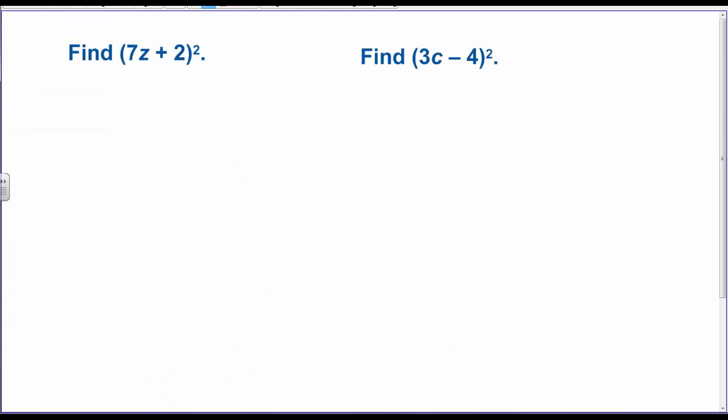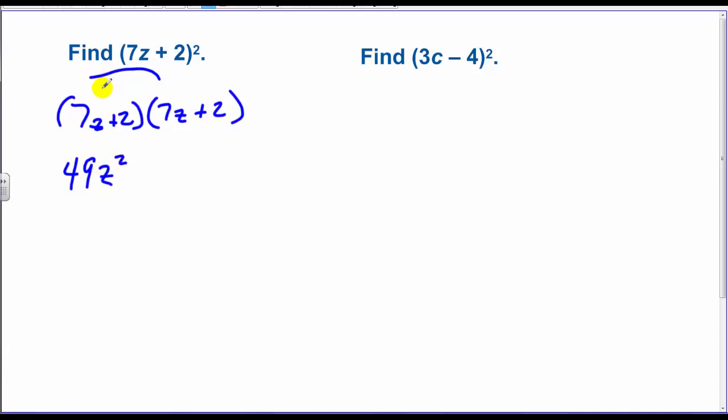So let's go ahead and do a couple of these. If I want to find the product of (7z plus 2) quantity squared, I'm just going to write that out twice and then go about FOILing. So here's 49z squared, 14z, another 14z, and 4.